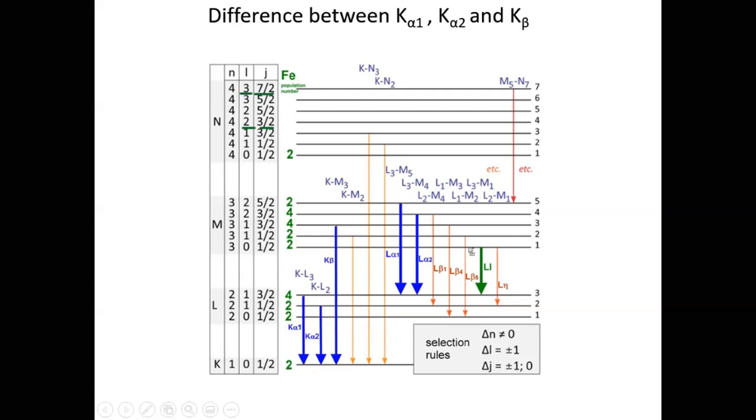So that wouldn't be an allowed transition. So that's why some of these you don't see transitions, because they're forbidden by these selection rules. Again, you don't have to memorize, just know that some of these are forbidden because of these selection rules. It has to abide by this set of rules in order to be an allowed transition.